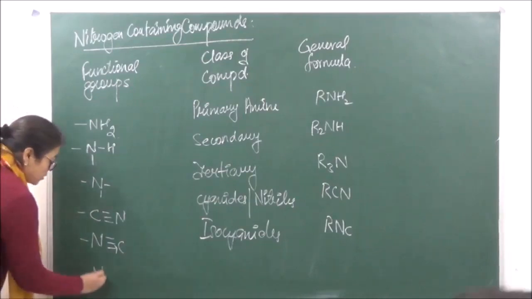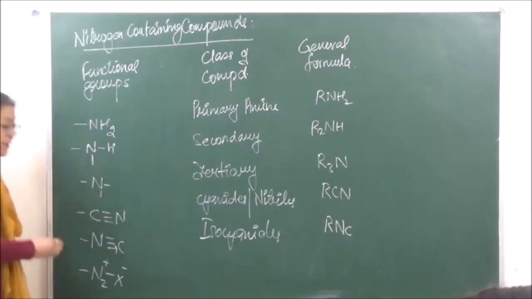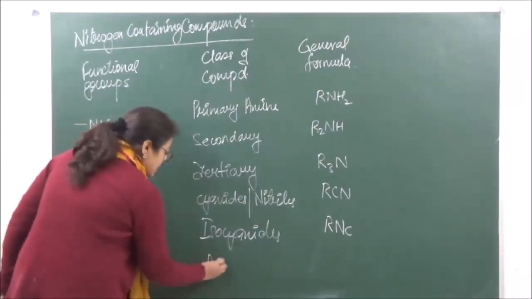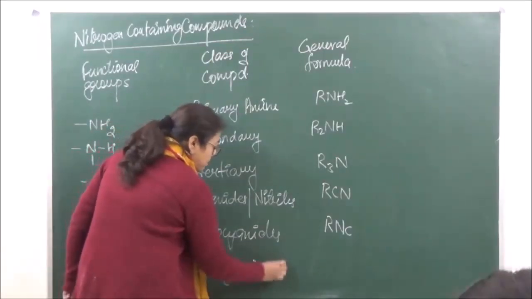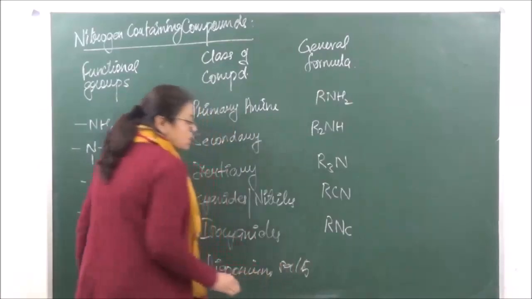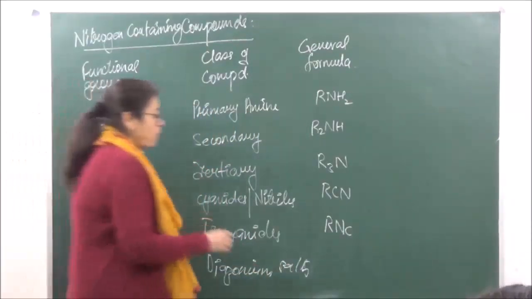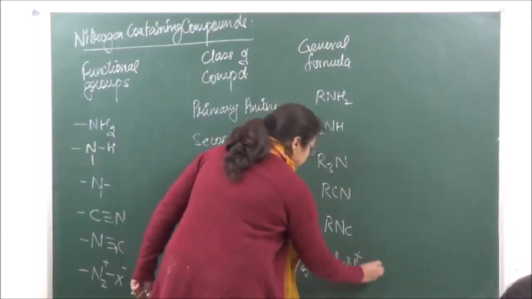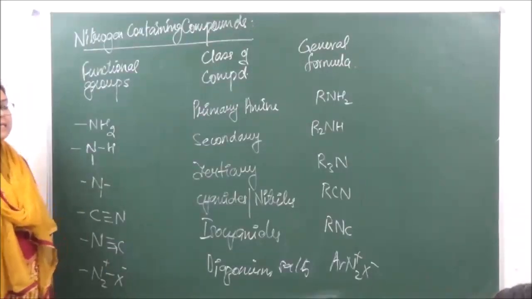Another important compound which we are going to study in this chapter are the N2X kind of compounds, which are known as diazonium salts. Diazonium salts have the formula ArN2+X-.